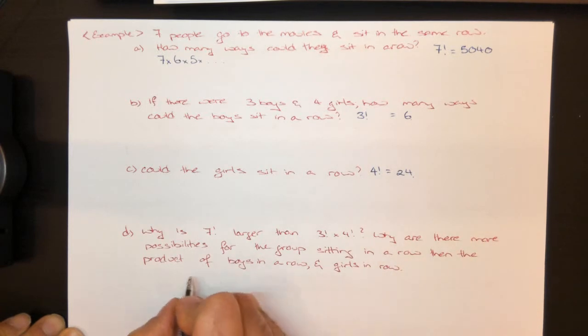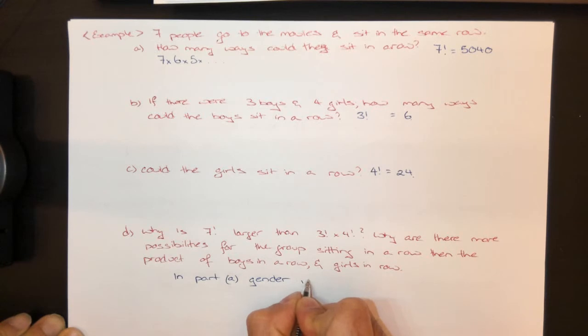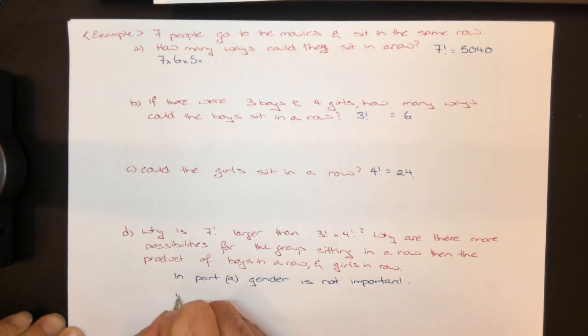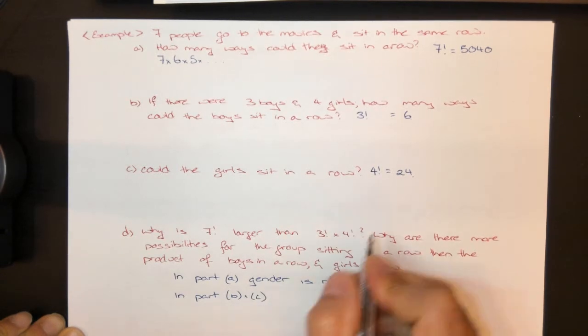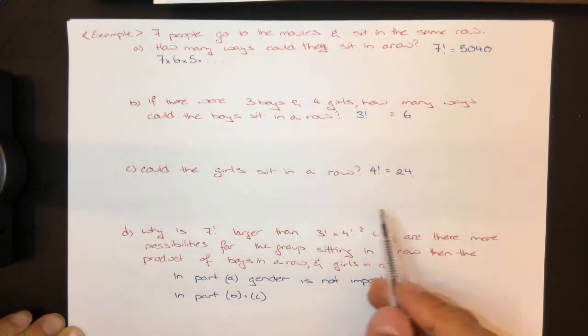So in part A, gender is not important. But in parts B and C, we have the gender, and they must sit together in a row.